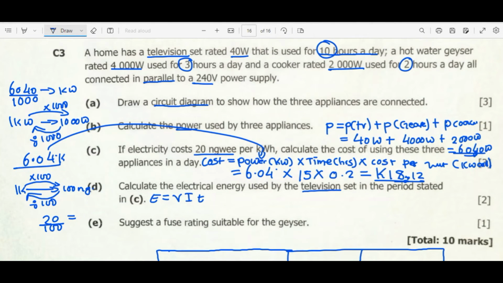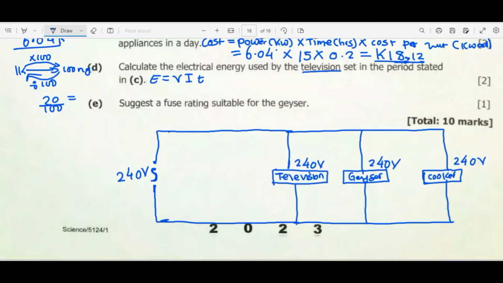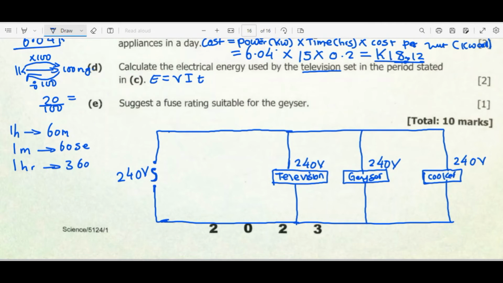So for the television, we are told that the use was for 10 hours. So we need to use 10 hours as our time. Now remember, we need to change those hours into seconds. So 1 hour is equal to 60 minutes, then 1 minute is equal to 60 seconds, which simply means that 1 hour is equal to 3,600 seconds.